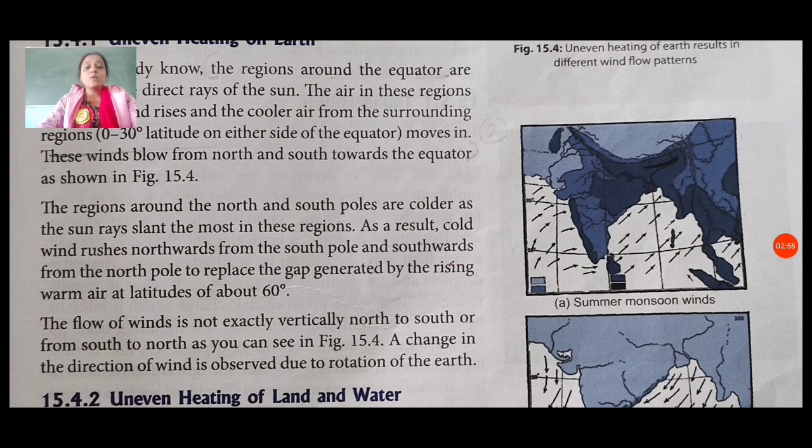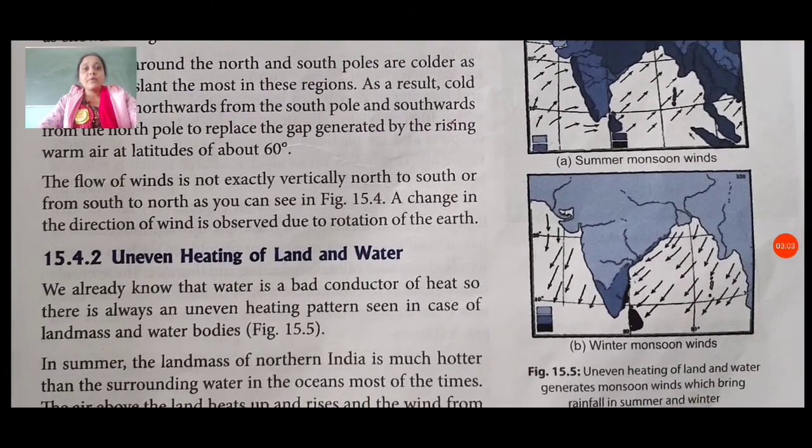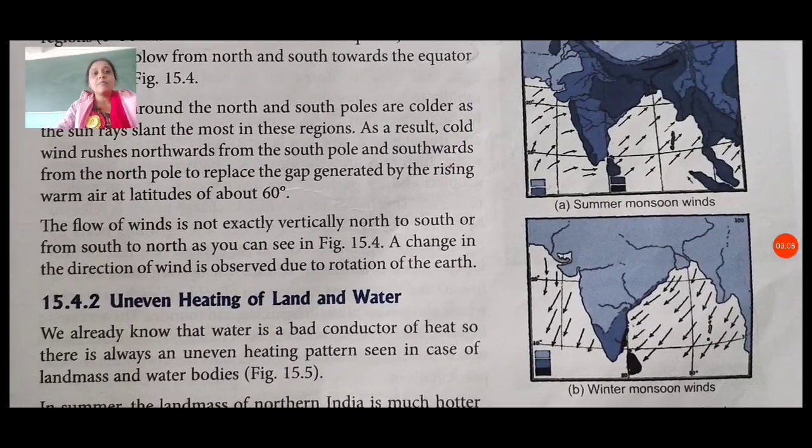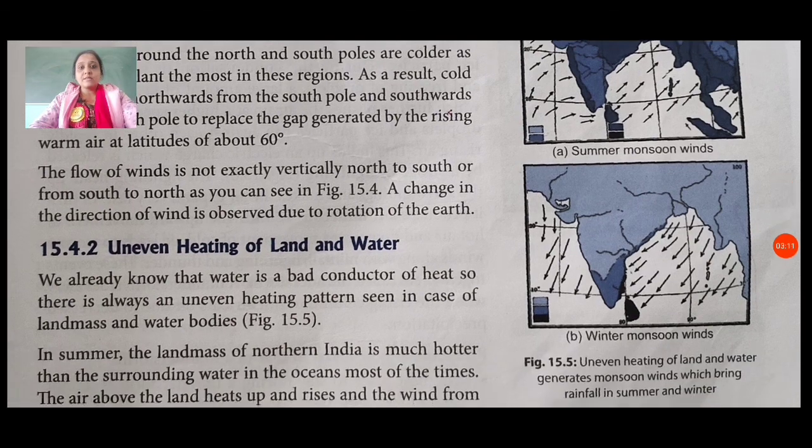You have also learned about these topics in your other subject. You can see here in 15.5, part A, summer monsoon winds, then winter monsoon winds.